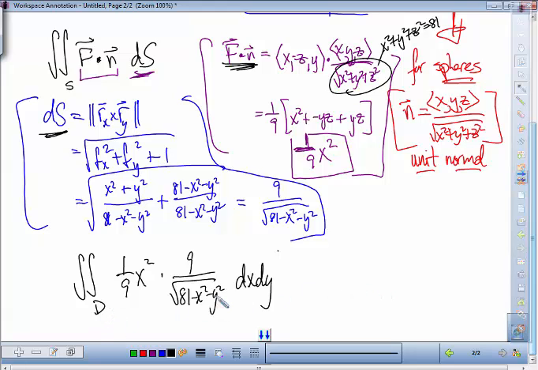But I'm going to change my dx dy. Actually, I should have put dA. I'm going to change my dx dy and go to polar coordinates because our domain is a quarter of a circle. So instead of dealing with a quarter of a circle, I'm just going to go directly into polar coordinates.